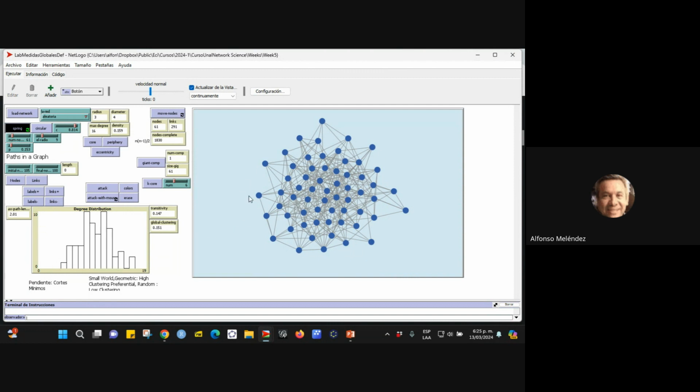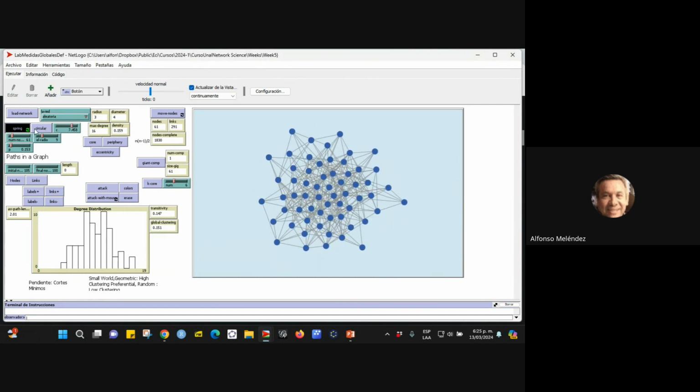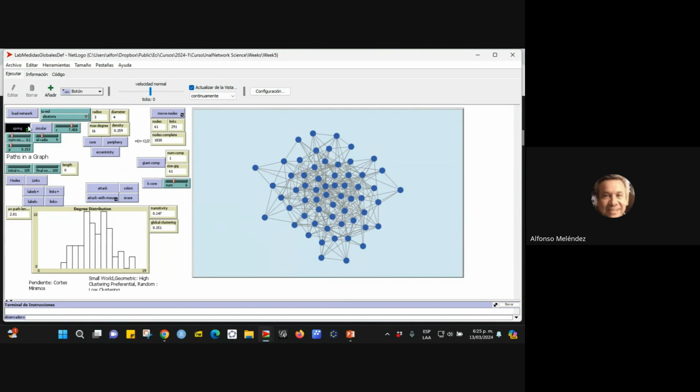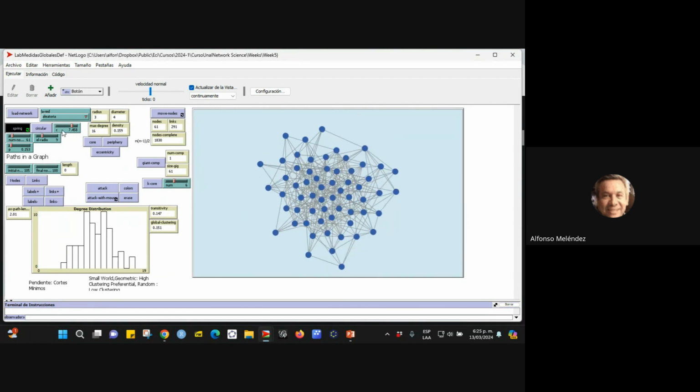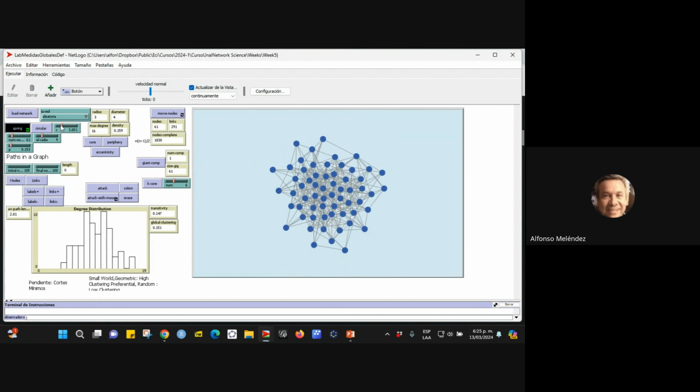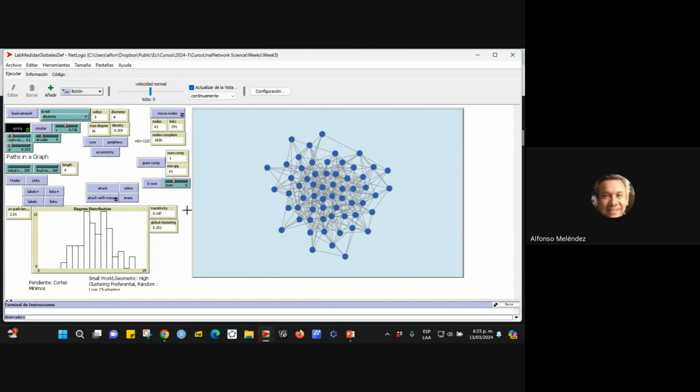Another property of random networks is clustering, triangles. A lot of triangles. And degree distribution, it's normal. Those three properties were discovered by Erdos and Renyi. And this is the random network model.